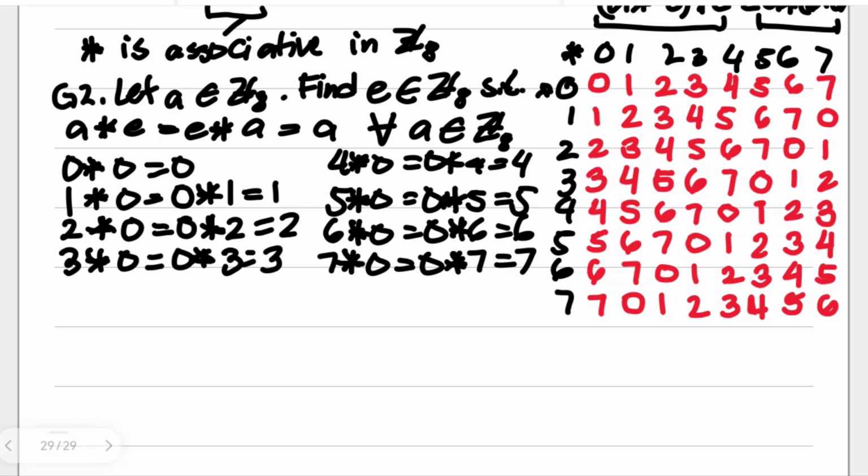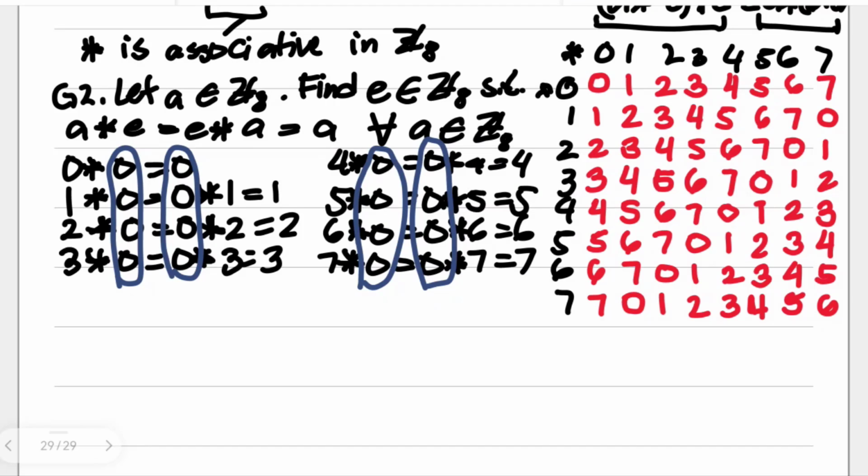That is because, since our operation is addition modulo 8, we also have the same identity element as for addition in general. These values are not including that first one. This is the value that, when operated with other numbers, the result will be the actual value of that second number.